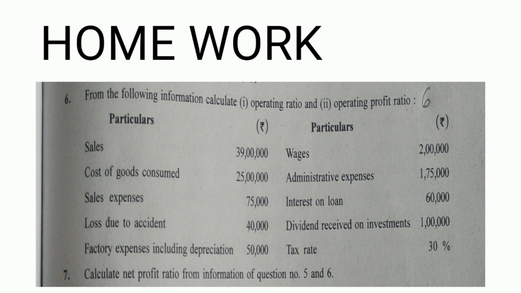You can do this very well now after understanding the formula of net profit ratio properly and the explanation of illustration 10. So you will do sums 5 and 6 as part of sum 7 and obtain net profit ratio from them.